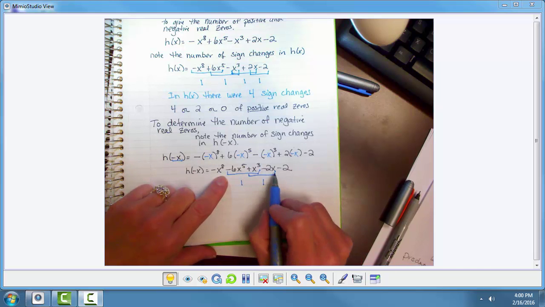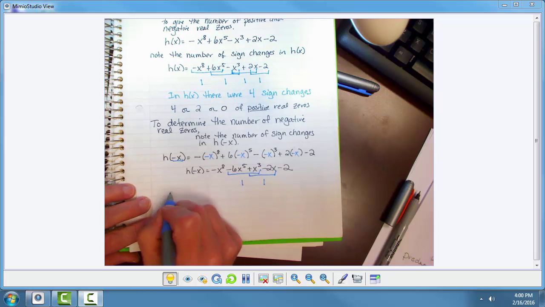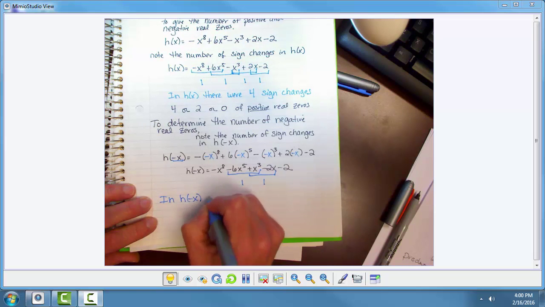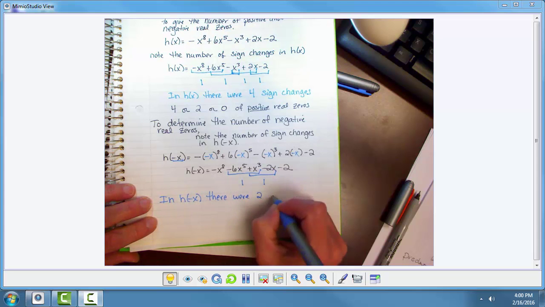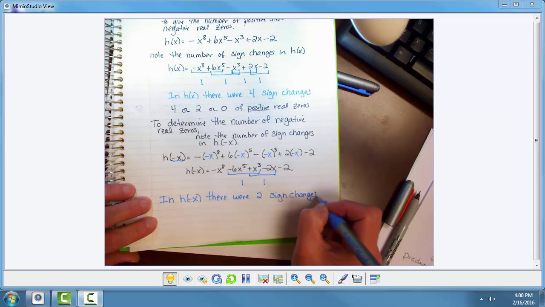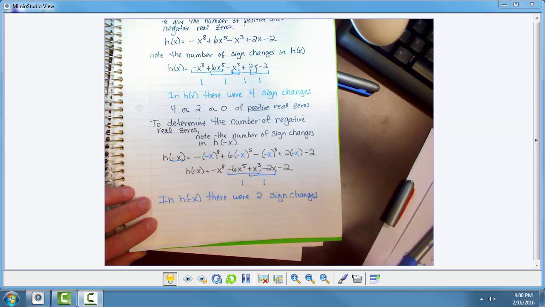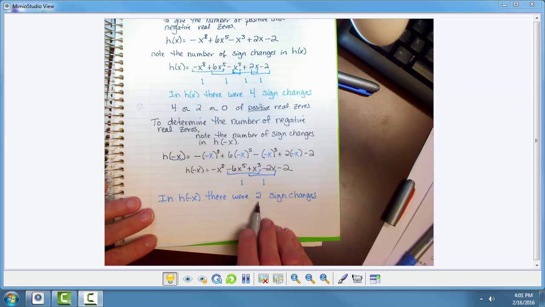And then when you went from the fourth to the fifth term, it stayed negative to negative, so it did not change there. So that means in h of negative x, there were 2 sign changes. So that means there's 2, or 2 minus 0, which is 0, negative real zeros.